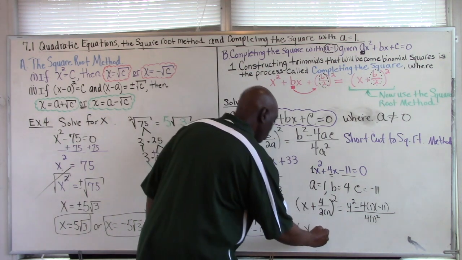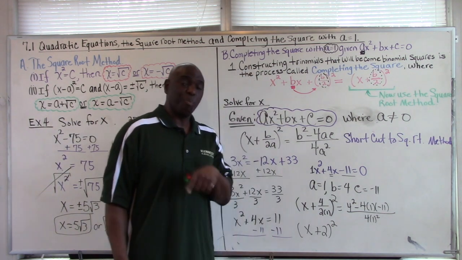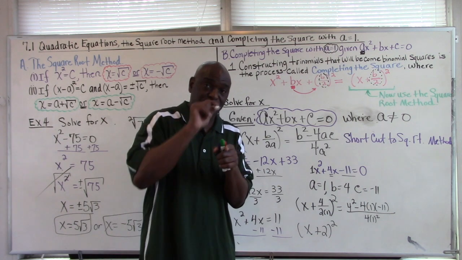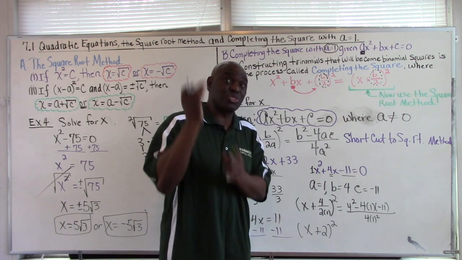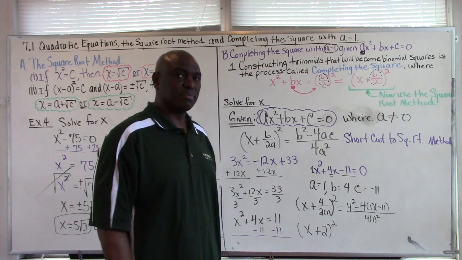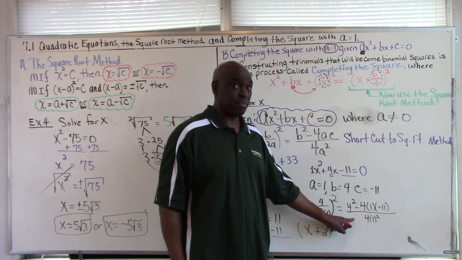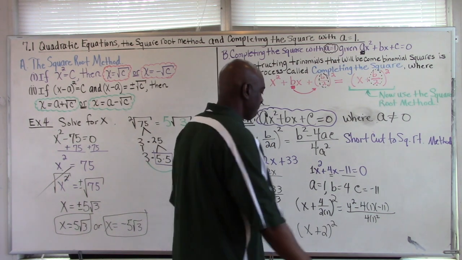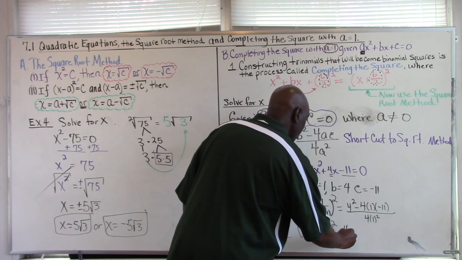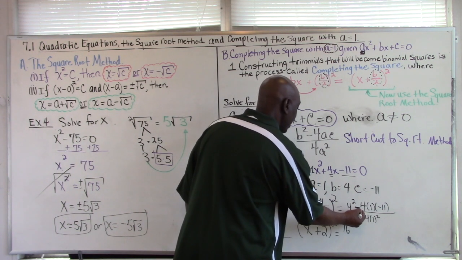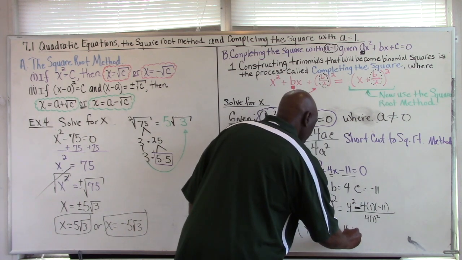4 divided by 2 is 2 squared. And if you go back to where I told you to put the asterisks, you're going to see x plus 2 squared. x plus 2, that quantity is squared right there. And once you do the arithmetic right here, you better get 15. Let's see. Equals 4 squared is 16. We have a negative 4 times 1 times negative 11. That's going to be a plus 44.